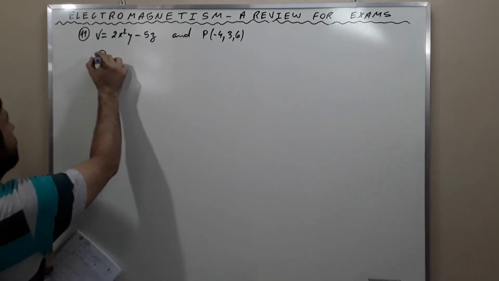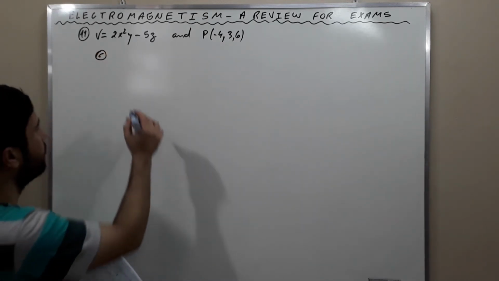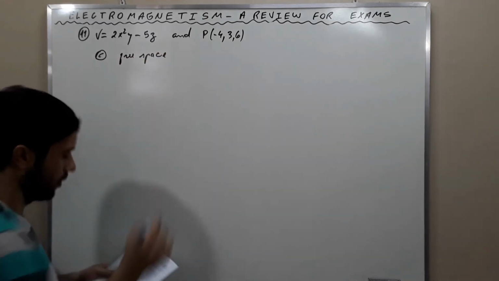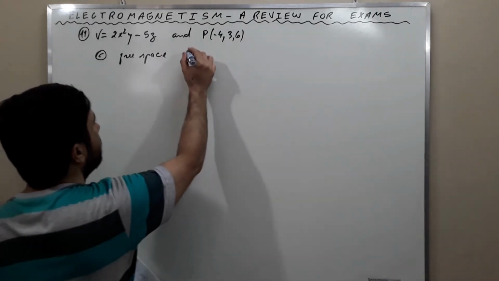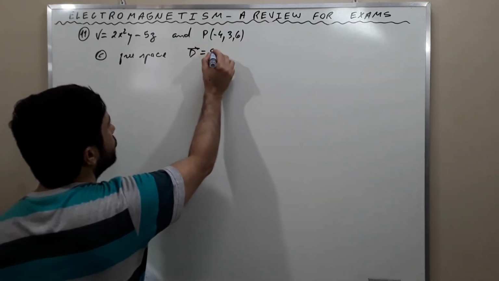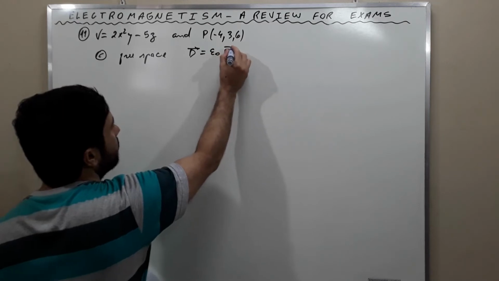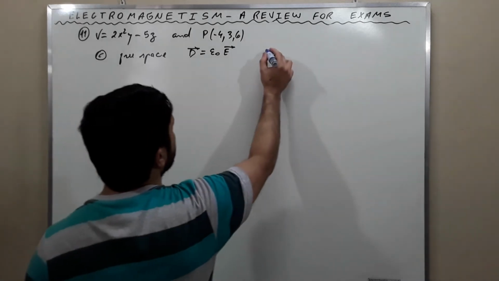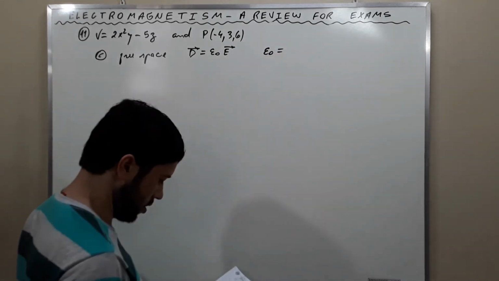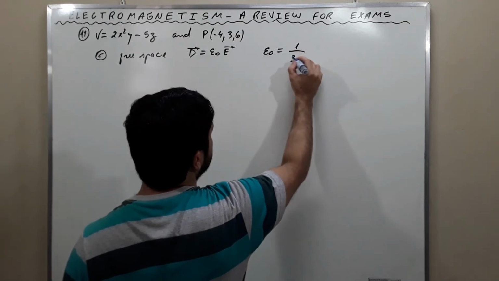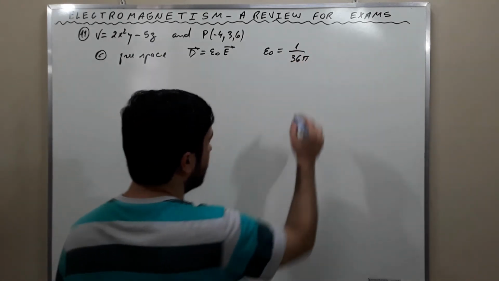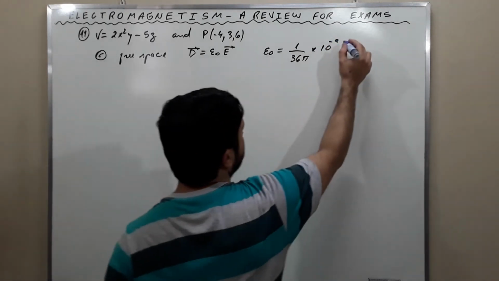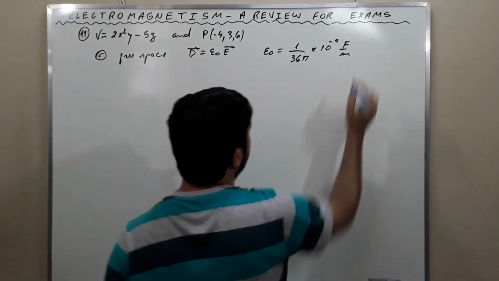Letter C, for free space, we know that D is equal to epsilon 0 times E, where epsilon 0 is equal to 1 over 36 pi times 10 to the negative 9 farads per meter.